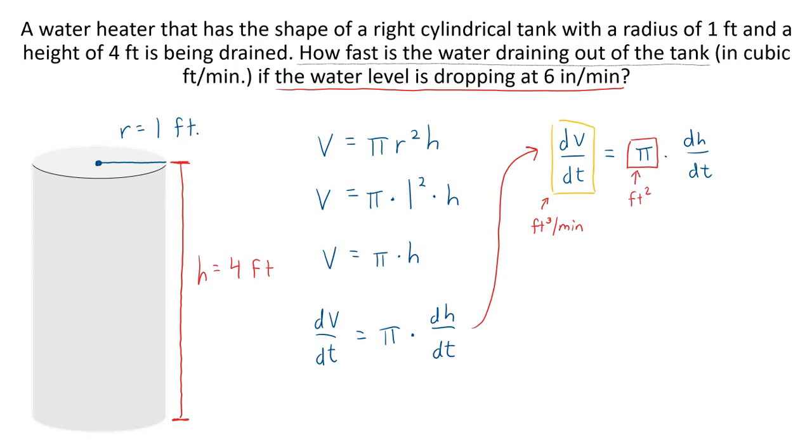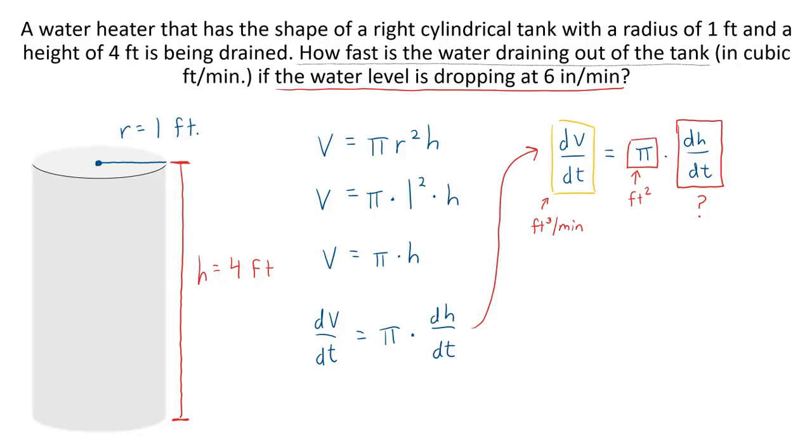What units is our dh over dt? dh over dt is given to us in inches per minute. Well, if we want this equation to play nicely, we need to be in the same units across the board, because dV over dt is being asked of us in cubic feet per minute. And because our pi units are in feet squared, then I think we need to go ahead and change dh over dt into feet per minute rather than inches per minute.